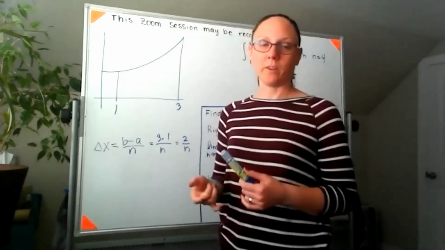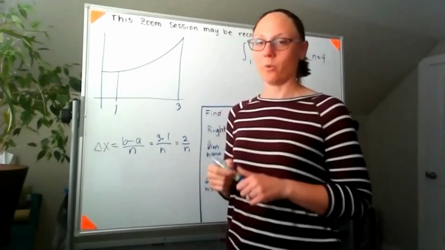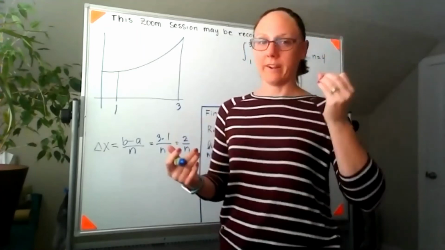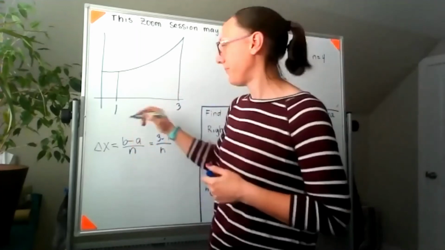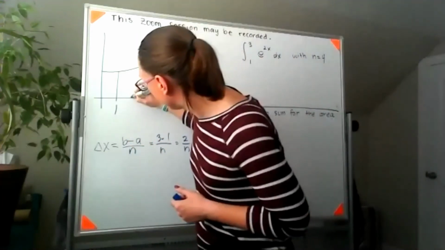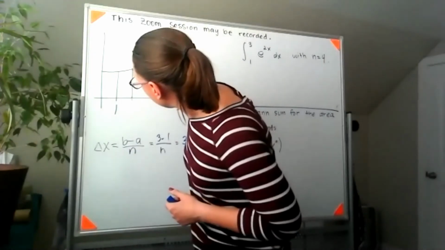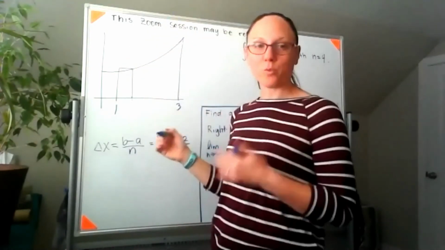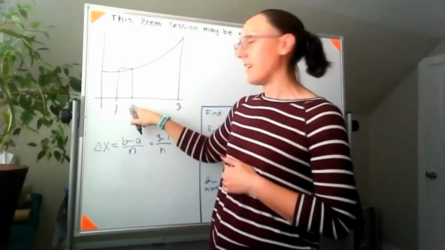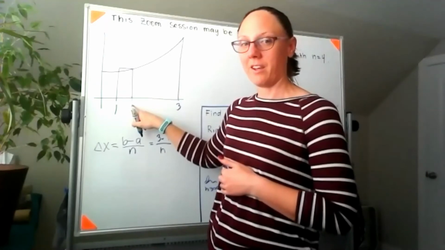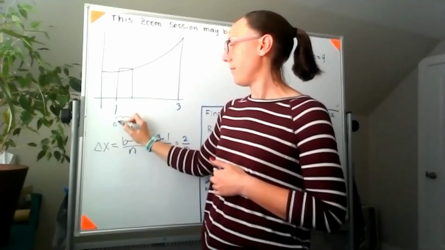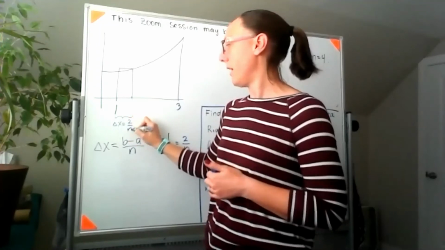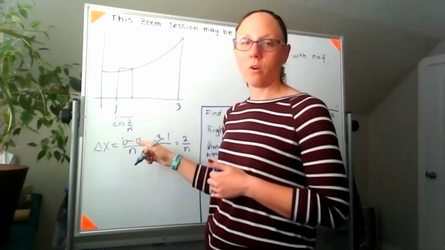So the next thing we need to figure out is what the x value is at our ith rectangle. So if I start drawing rectangles in here, here's one. And if we're going to use right-hand endpoints, then this x value that we're plugging in, we started at 1, and we've now moved over 2 over n.